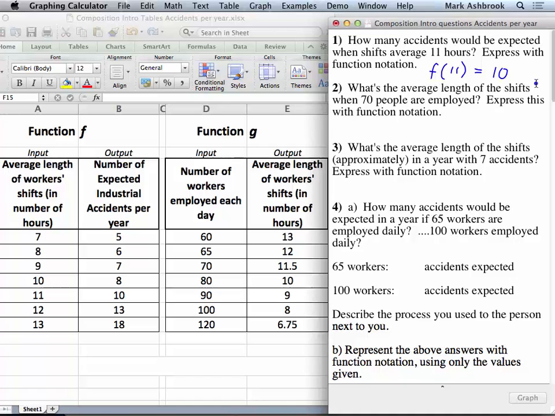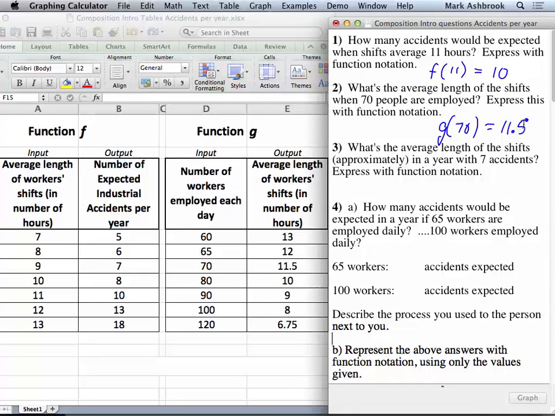Okay, average length of the shift when 70 people are employed. Christina, right? Yeah, Christina. So how would we express the average length of the shift when 70 people are employed? g of 70? How'd she do? g of 70, that's it. That's the output of g when the input is 70. And what is it? 7.5.